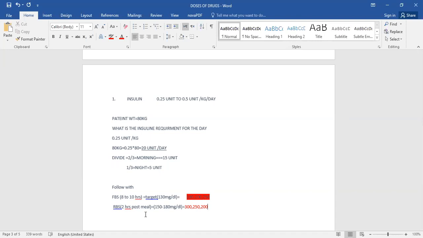If you are getting post dinner highs, you will target the middle dose of the insulin. If you are getting post lunch highs, you will target the morning dose. So specifically target the dose of the insulin according to the time of the sugar levels. That's all about the principles of insulin.